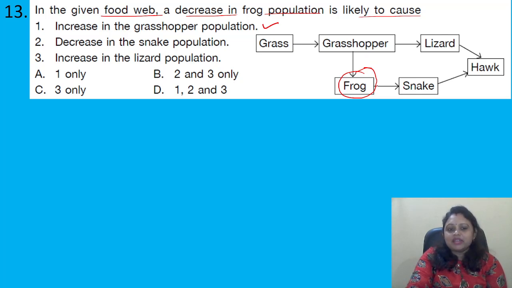So if there is a decrease in frog population, then snakes won't get sufficient frogs, so the population of snake will also decrease. The lizard will get more grasshopper to eat, so there will be an increase in lizard population. So the correct answer is option D, 1, 2 and 3.